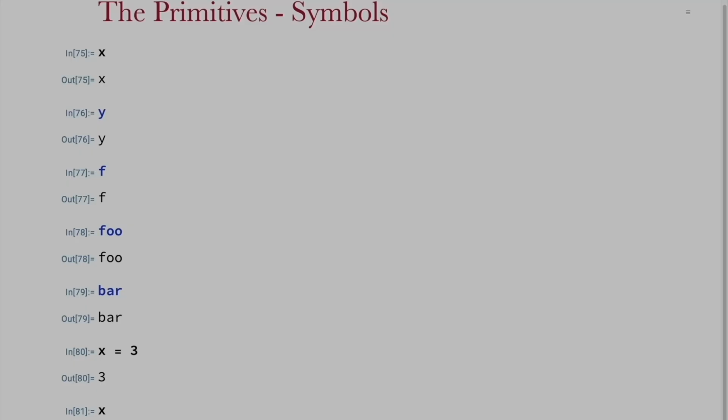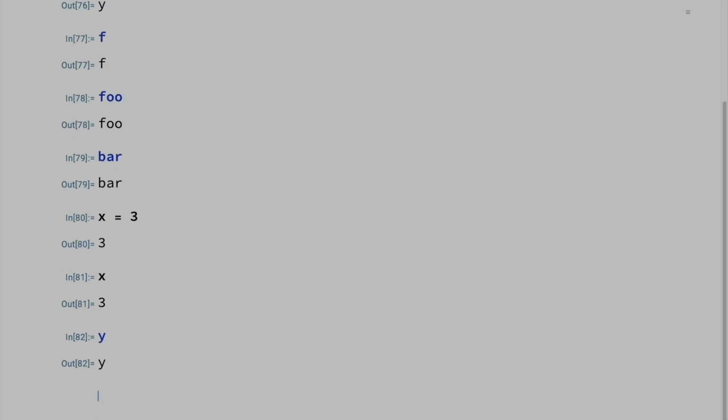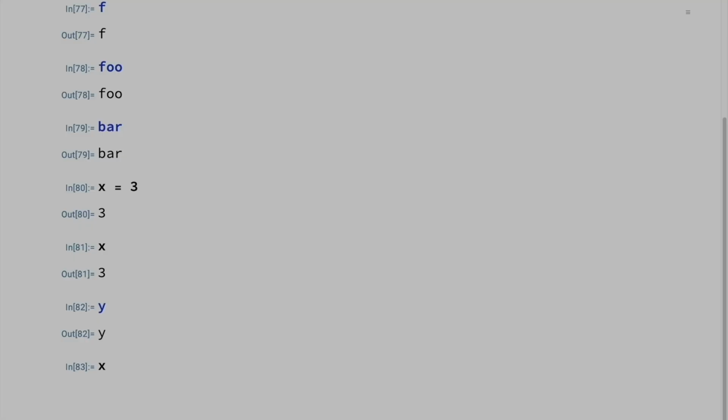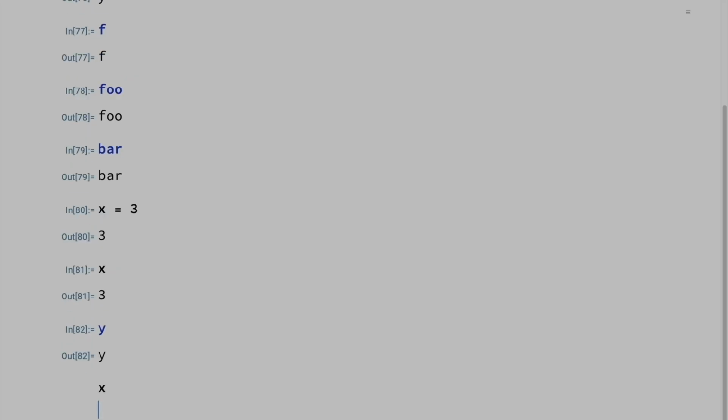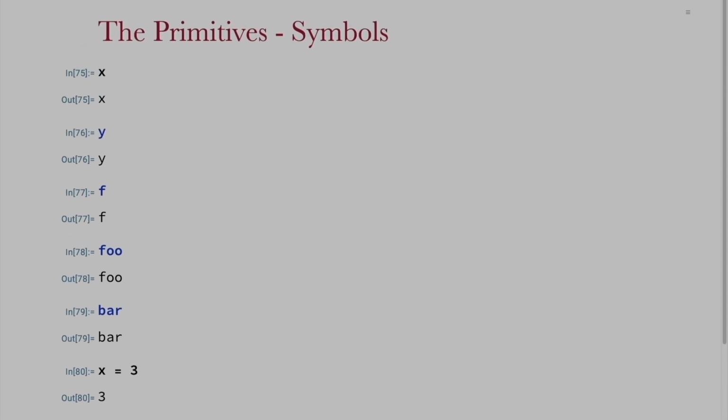So let's say I type in Y, I get Y. I type in X, I get 3. All right. So this is what symbols are. There's a bit of subtlety to them that I'm going to explain as we move along, but essentially they are represented by a bunch of characters strung together without quotation marks, and they can point to something.